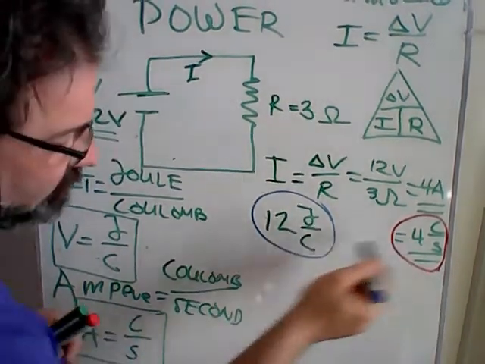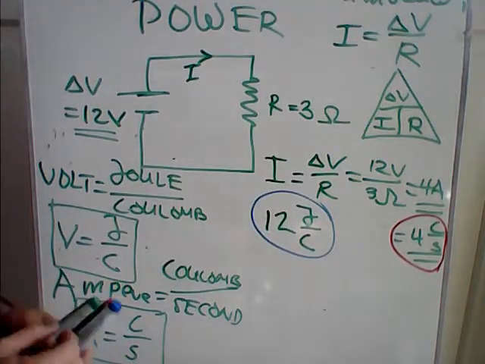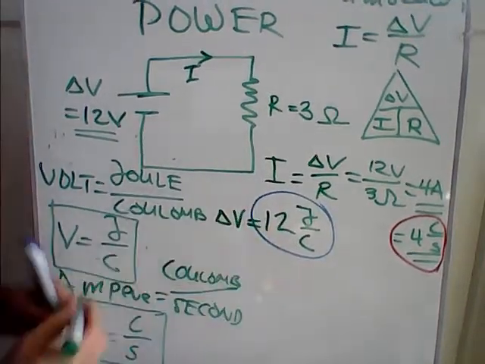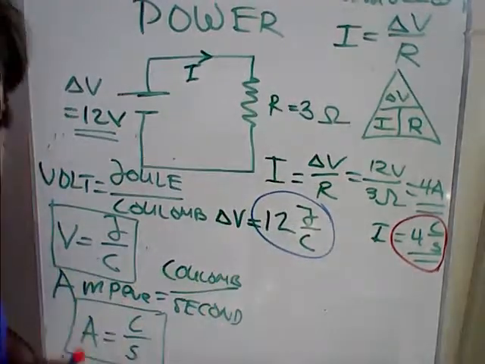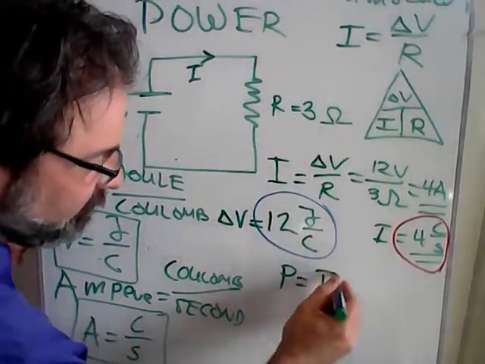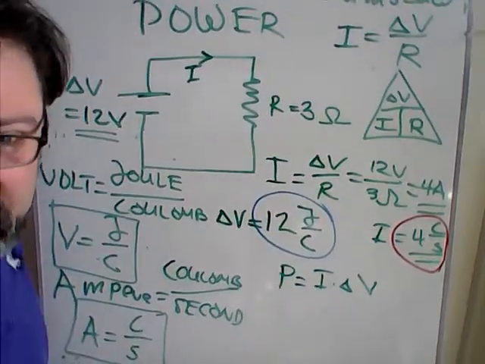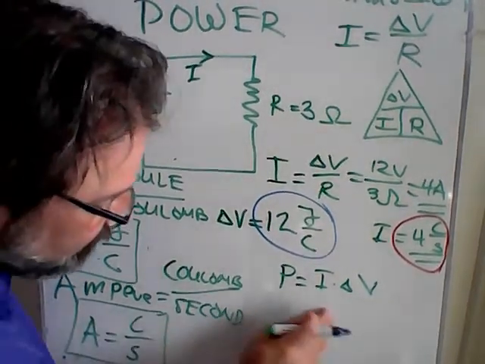We can take those two numbers together and combine them into our power equation. The power equation says you multiply the current times the voltage difference to see how much power your circuit is delivering.